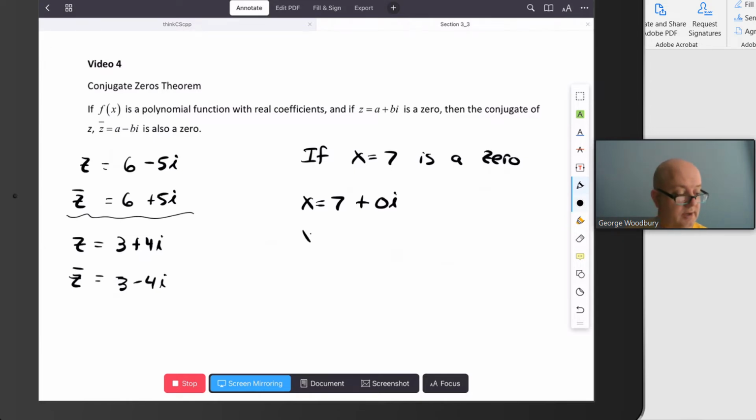The conjugate of 7 plus 0i is 7 minus 0i, but both of these are still just equal to 7. So by default, when the solution is real, the conjugate is the number itself, so it doesn't violate this theorem. We can use this, though: if we know one complex non-real solution, we can get another one for free.